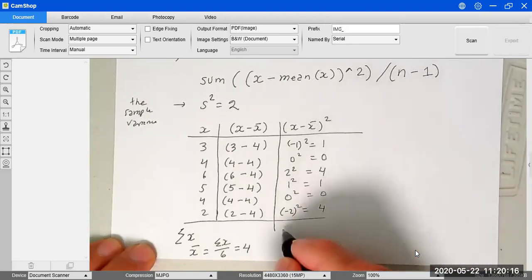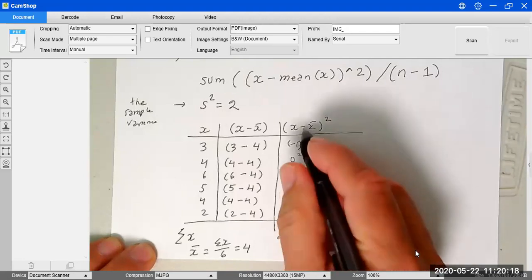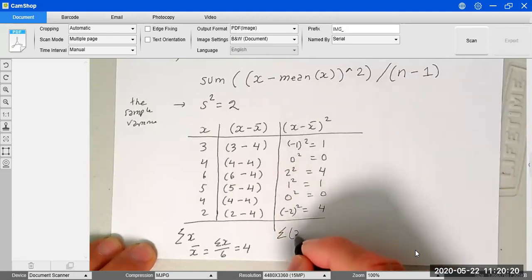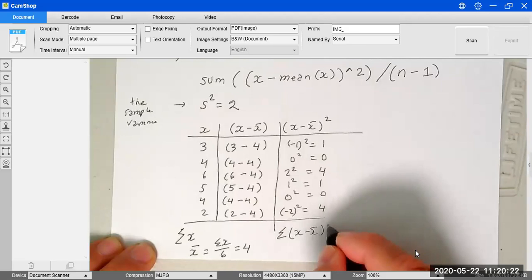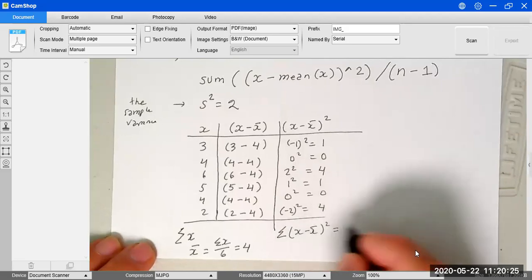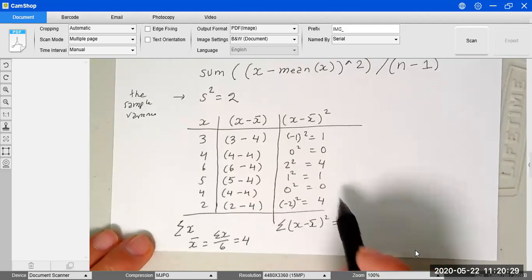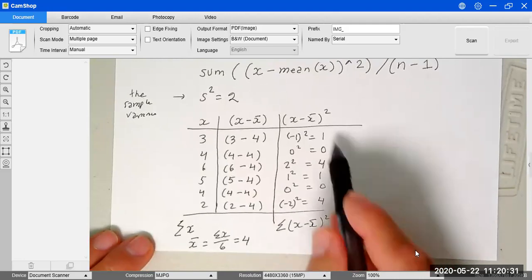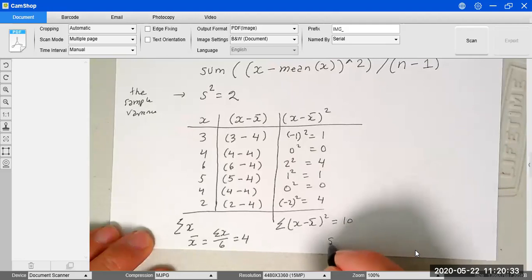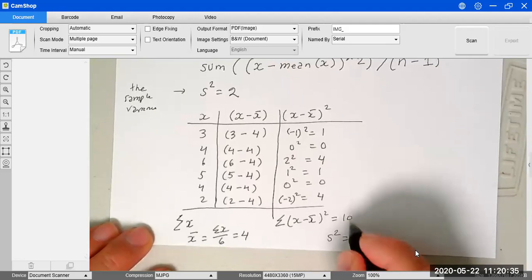Then you're going to get this sum. This sum is going to be the sum of this column, which is x minus x bar squared. So you get the sum, and the sum is just 10. Okay, 4, 8, 9, and 10. Then the variance of the sample is this value 10 divided now by n minus 1.